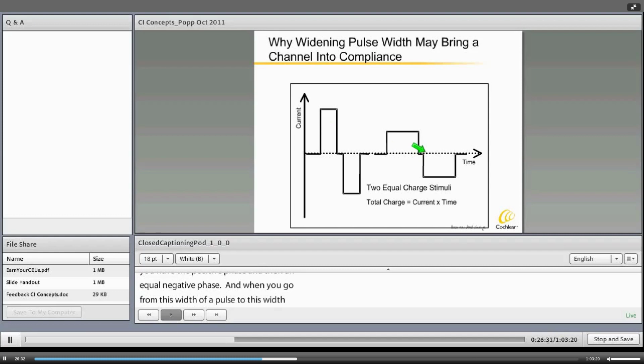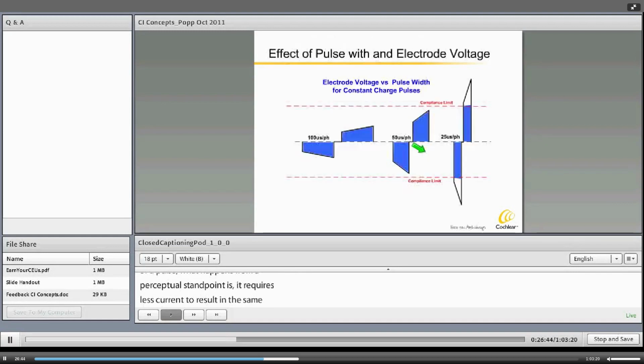And when you go from this width of a pulse to this width of a pulse, what happens from a perceptual standpoint is it requires less current to result in the same perception of loudness.